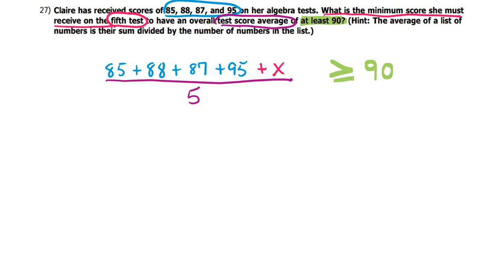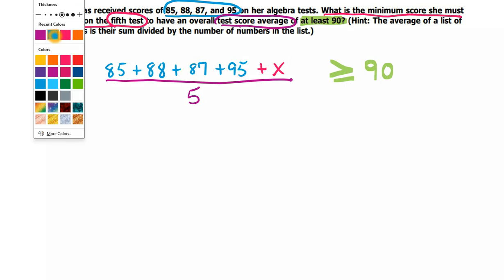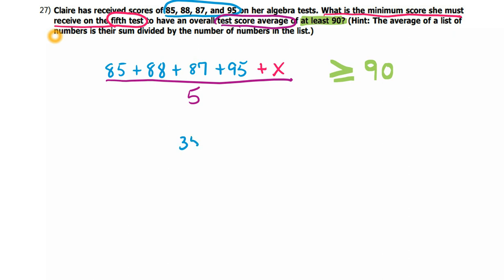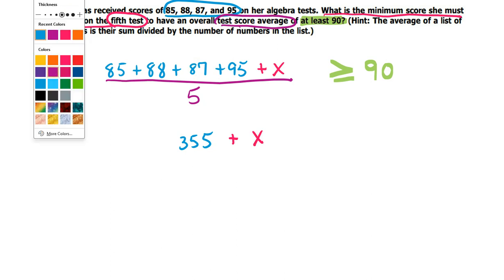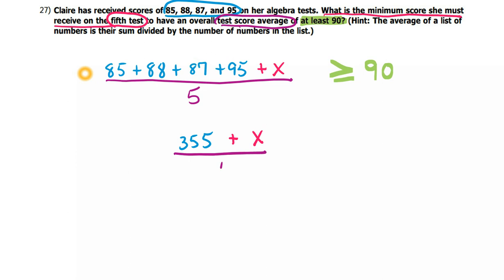So when I add up all those blue scores up there, I get, she's got 355 points so far, plus whatever she gets on that next test, and that gets divided by 5 so that it'll be greater than or equal to 90.